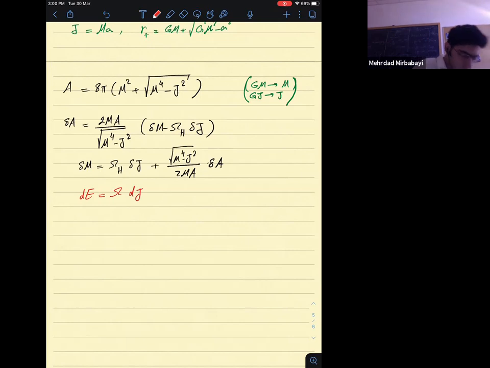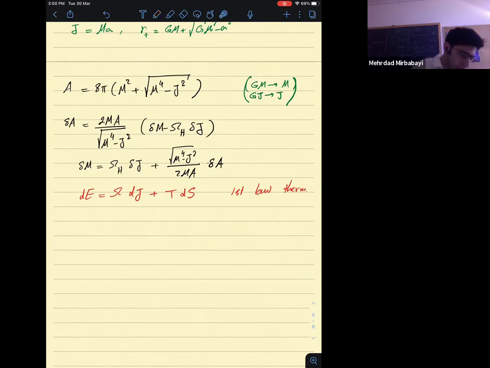And then there will be a term which has to do with the heat that we give to this rotating system, and that would be T times dS, temperature times the change in the entropy. This is the first law of thermodynamics.